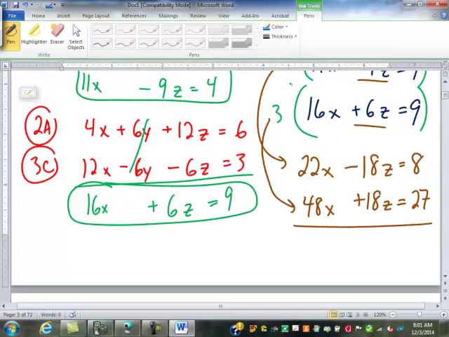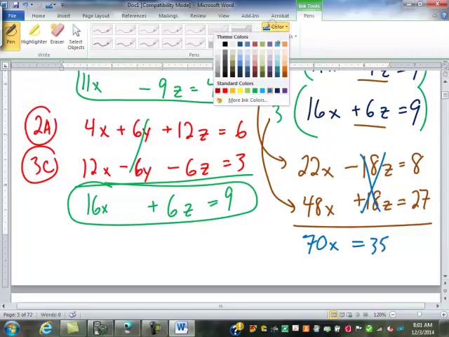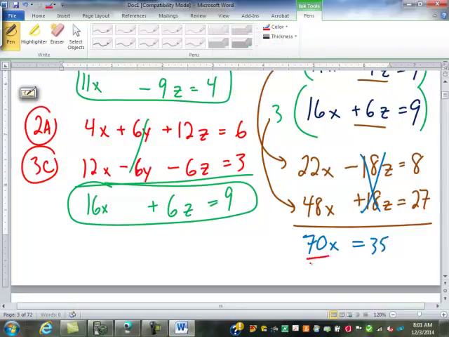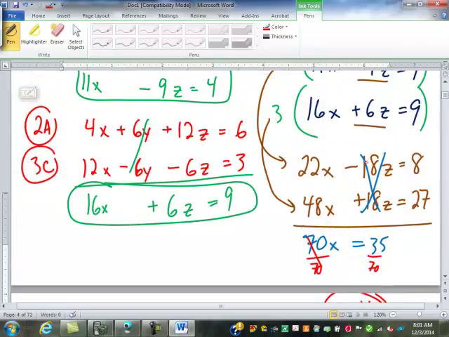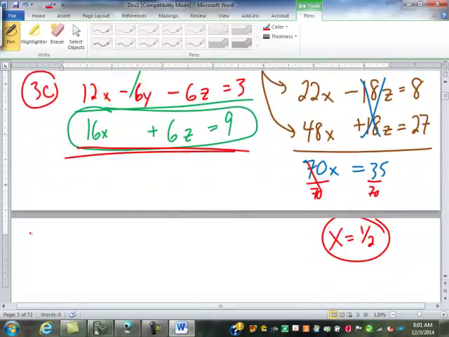So we add 22 and 48 make 70x. The z's cancel out. 8 and 27 makes 35. We then proceed to divide by 70 to get that x equals 1/2. Now we have to go back and find, the next one we would find would probably be z, because we have the x's and z's here together.